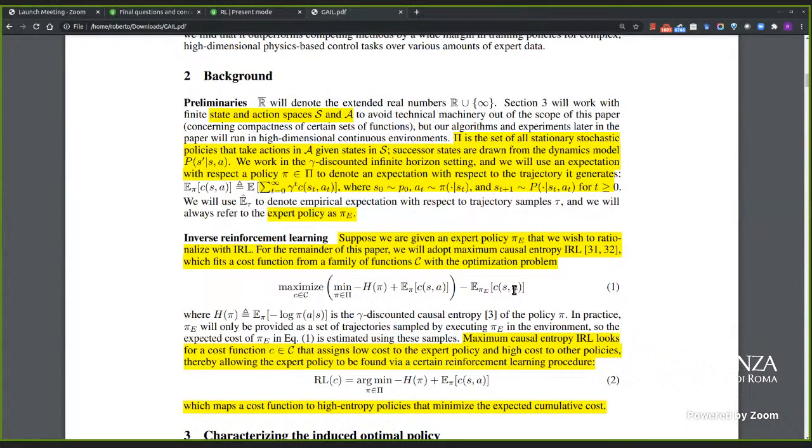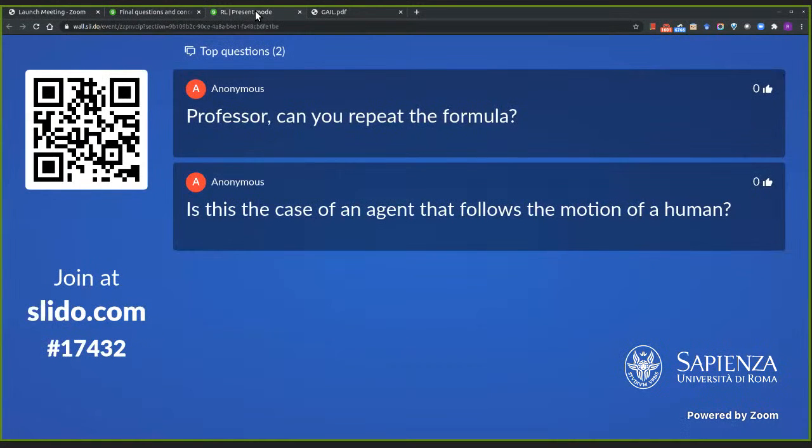Okay, I hope this is a valid answer. If not, please ask further questions. I'm more than open to spending more time on this.